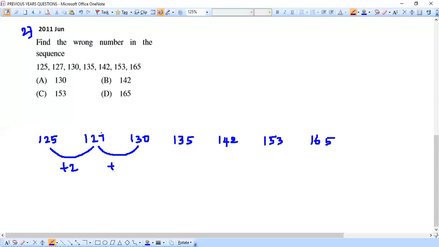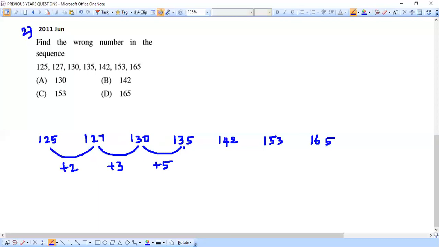From 127, you need 27 plus some number to give you 30. I can easily say plus 3. So this is simple for us to understand, right? Proceed next. 130 to 135, this will be plus 5. I think the numbers are very easy for us to proceed with the calculations.